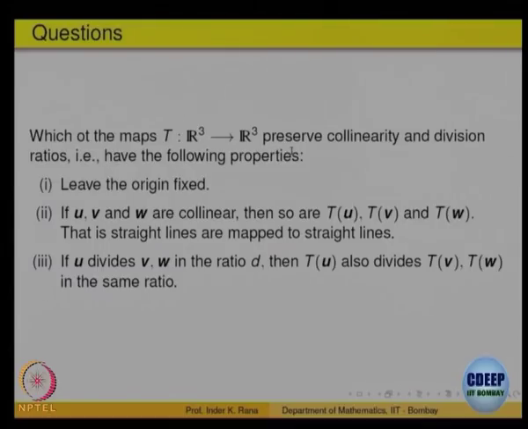If u, v and w are points on a straight line in a particular ratio, then the images also maintain the same ratio. So, question mathematically comes, what are the maps from R3 to R3 which have these three properties, which we observe in day to day life and which are useful.